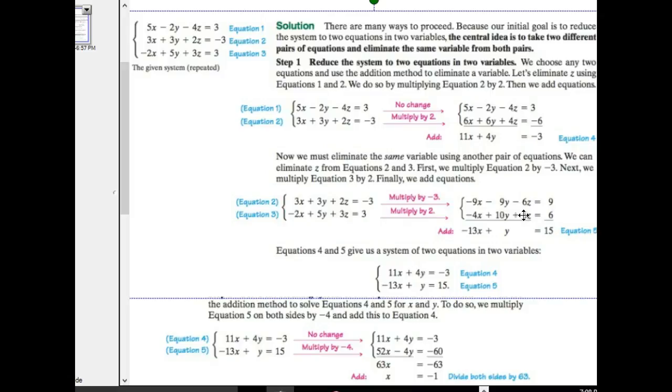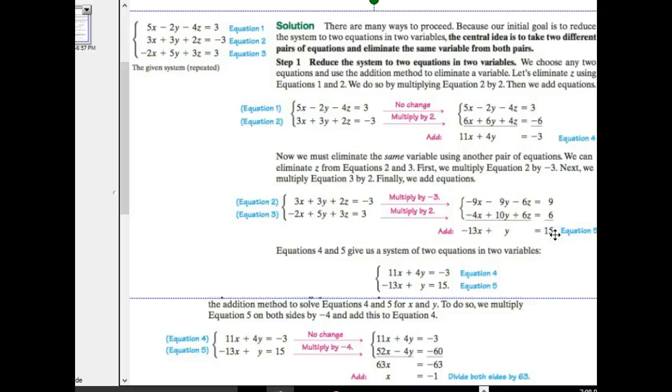So we're again eliminating the same variable, which in this case happens to be z's. Whatever you do in the first one, eliminating z's, you have to do in the second one.